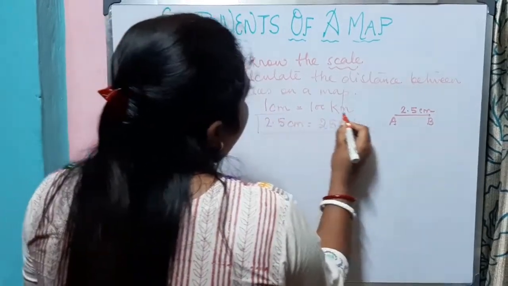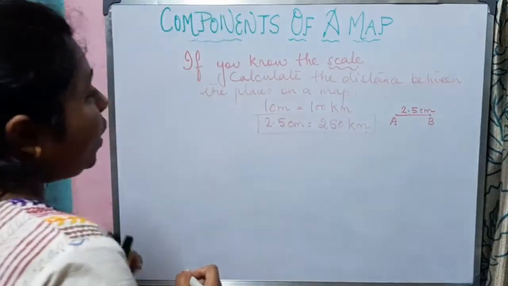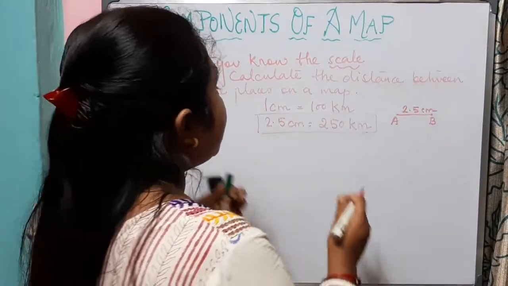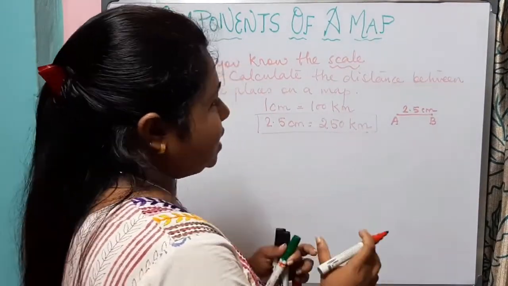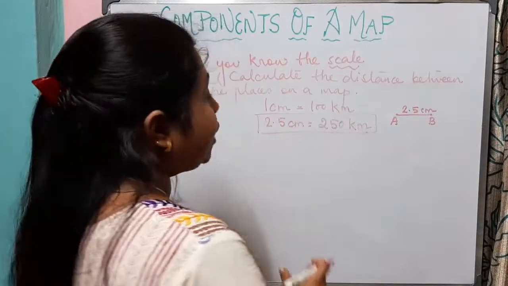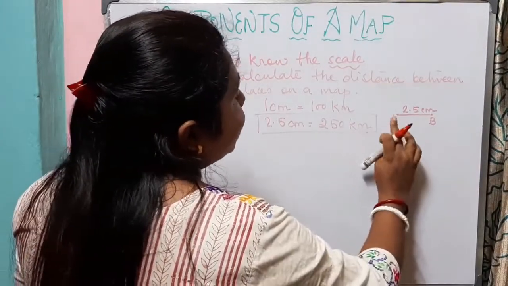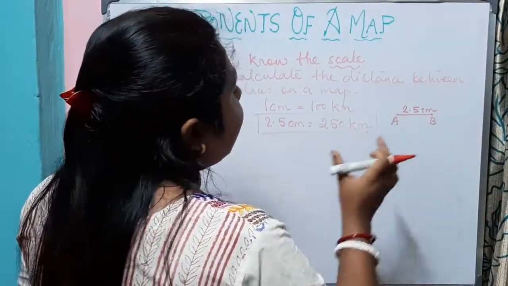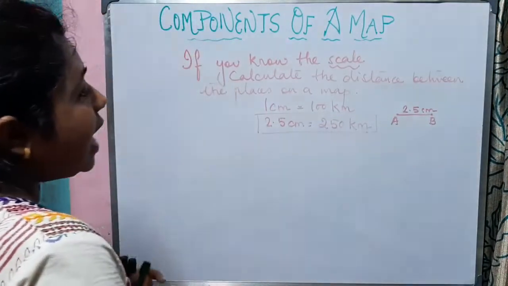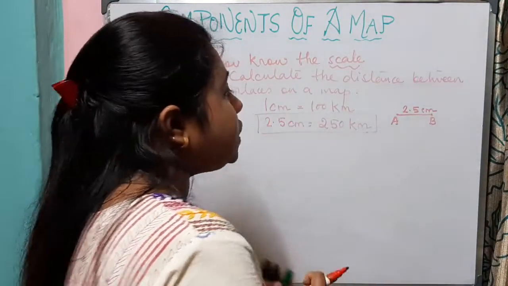So if we know the scale, we can calculate the distance between any places on a map. We can get to know the actual distance between A and B with the help of a scale. So scale is a very important component of a map.